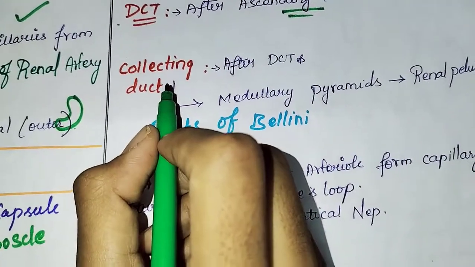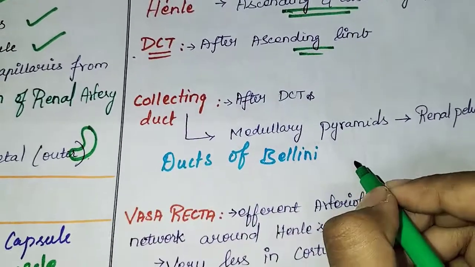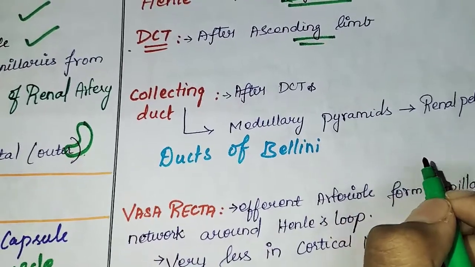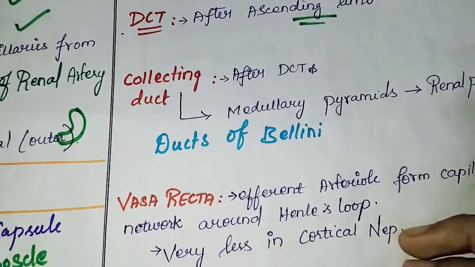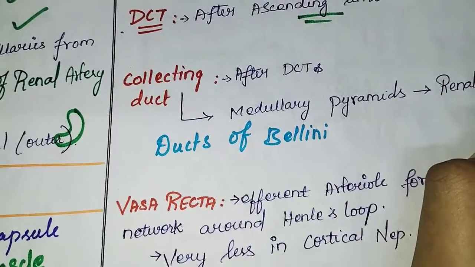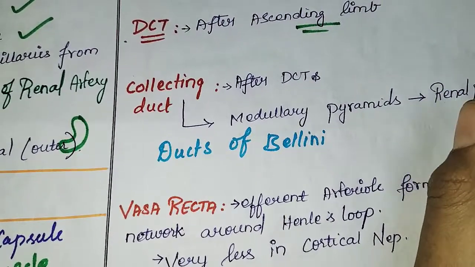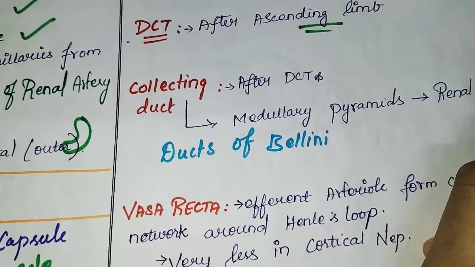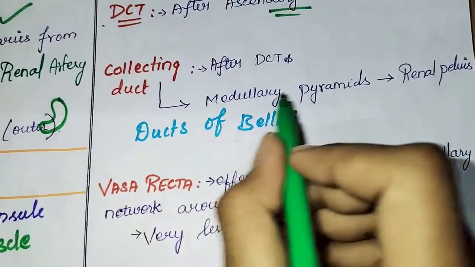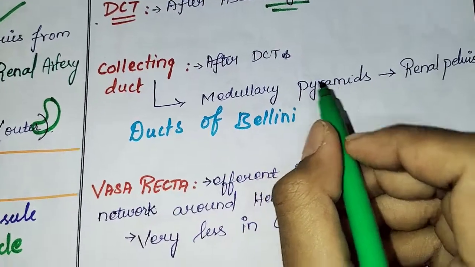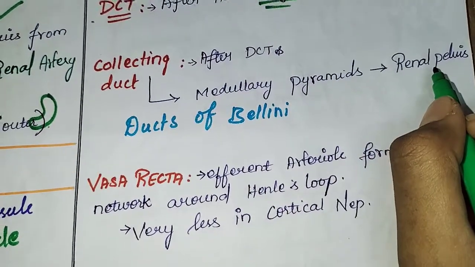Next one is the collecting duct. The collecting duct is present after the DCT. Most of the DCTs come and end in a particular collecting tubule. Like that, we have millions of collecting ducts in our kidney. This collecting duct reaches the medullary pyramids and finally the renal pelvis.